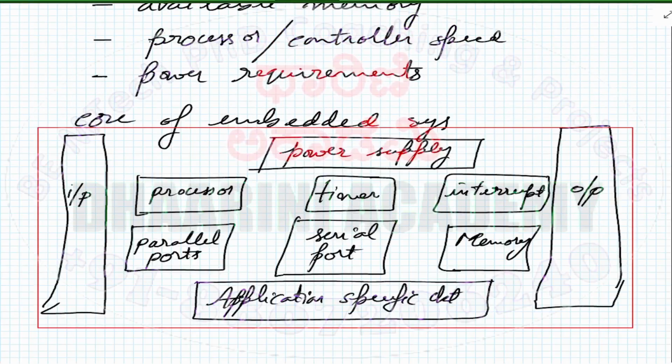In addition to that, we had the core hardware part of the embedded system, which includes input to take all the inputs required so that a specific job can be completed by the embedded system, right?